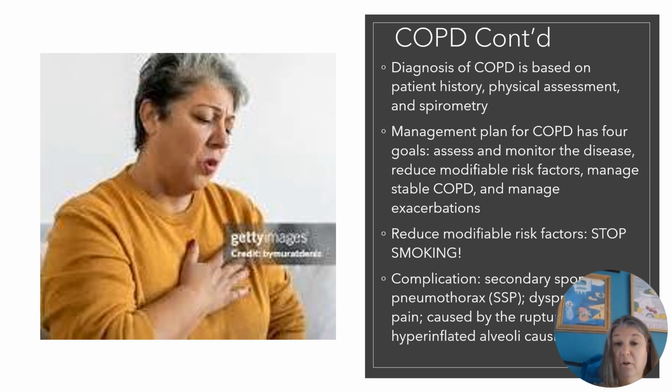We want to do regular pulmonary function tests, and check chest X-rays. Just see what's going on, right? Because there can be structural changes to the lungs. So if our person is having an exacerbation, we're also going to look at an ABG, because that's going to tell us where our CO2 is sitting.